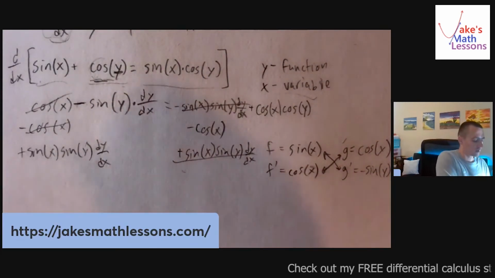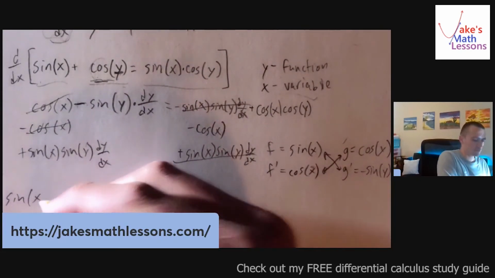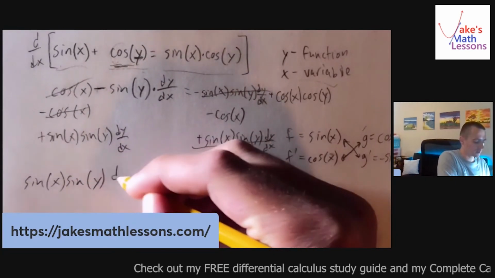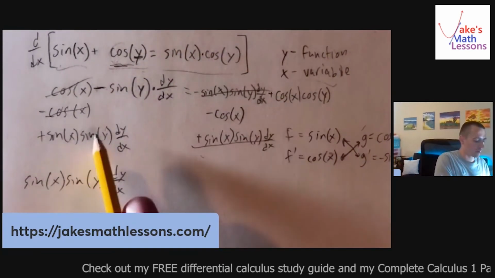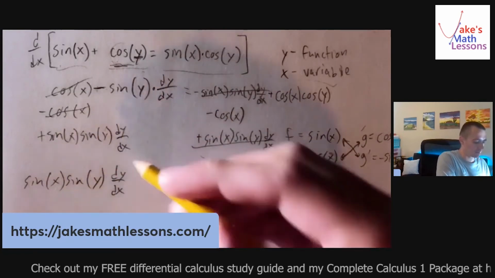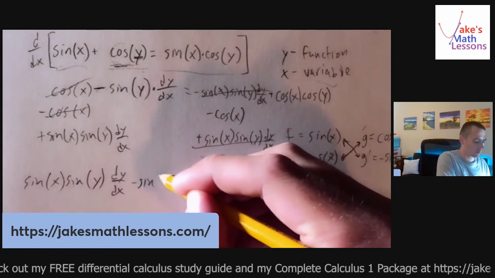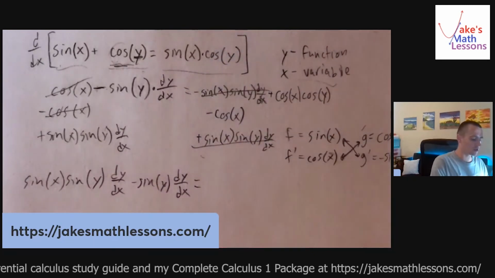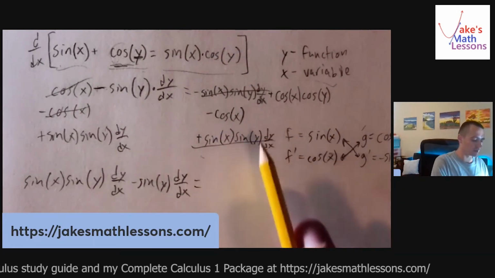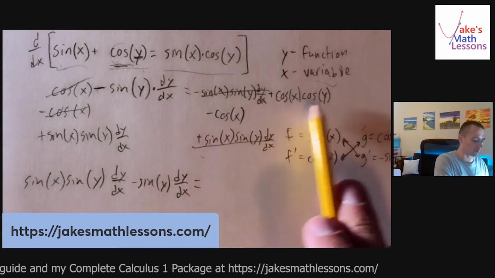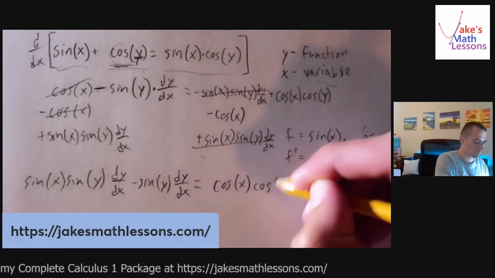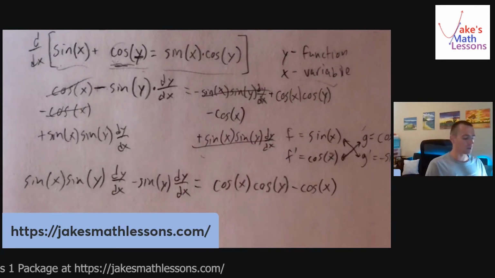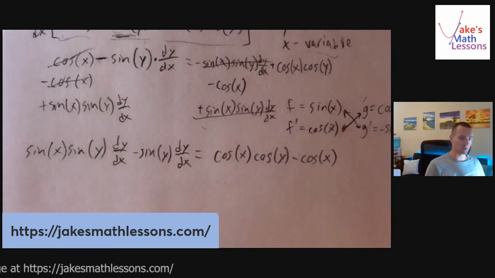And we're going to have sine of x times sine of y times dy dx, and then minus sine of y dy dx on the left side of our equation, and on the right side we're just going to have cosine of x times cosine of y minus cosine of x.